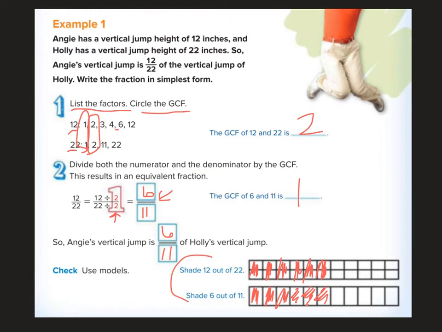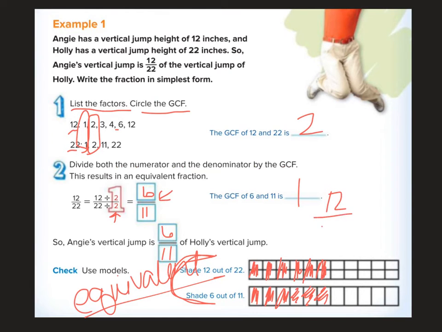And notice they are equivalent. Equivalent fractions. 12/22 and 6/11. And I can know that because I divided the top and the bottom, numerator and denominator, by the same number. Let's try another one.